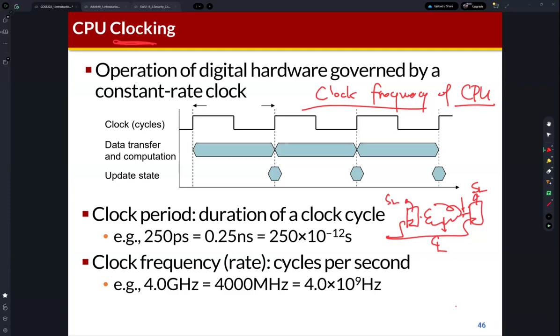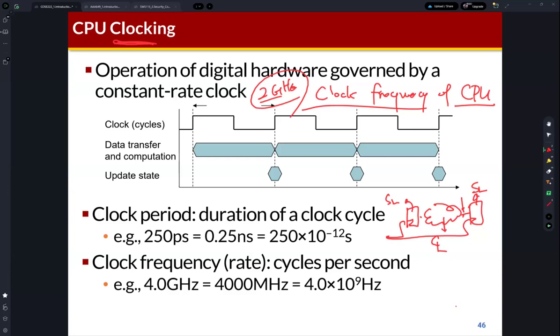So let us assume that my current smartphone works with a 2 gigahertz CPU clock frequency. Then I want to buy a new smartphone, and I want to increase the performance of my smartphone. Then I can just compare the clock frequency.